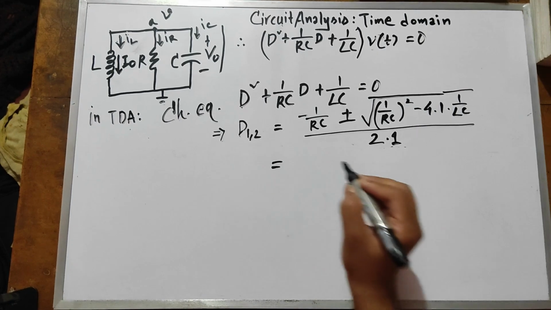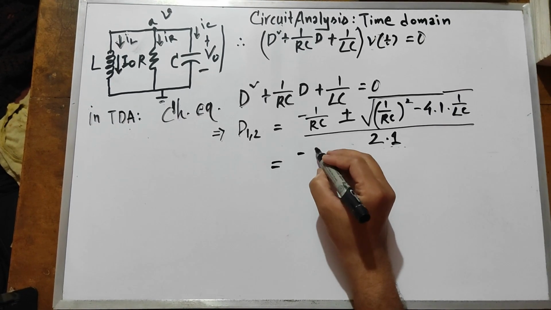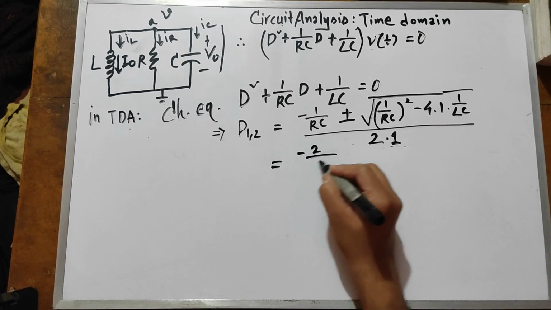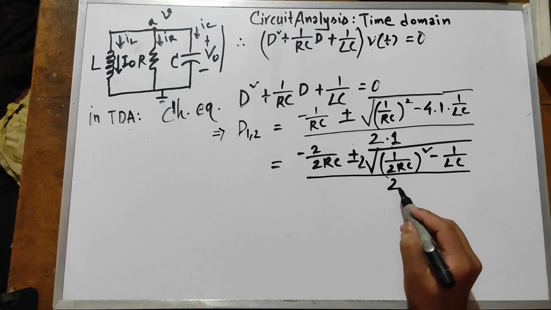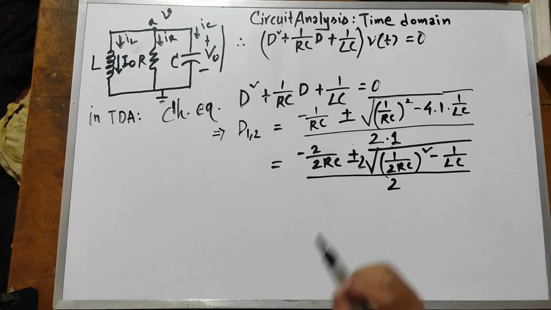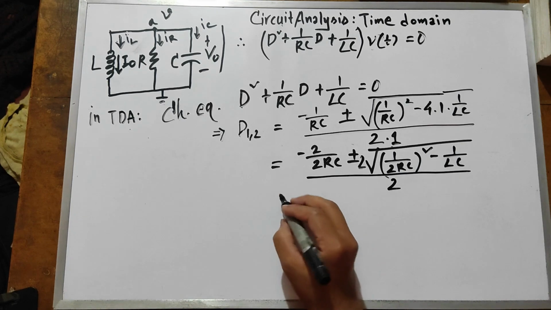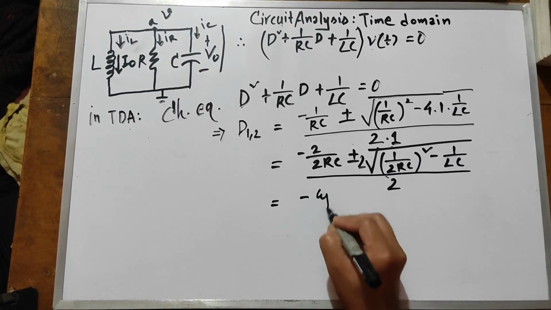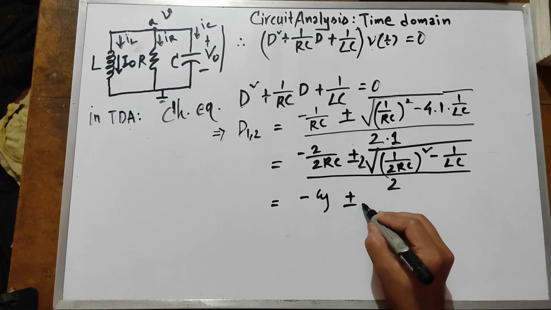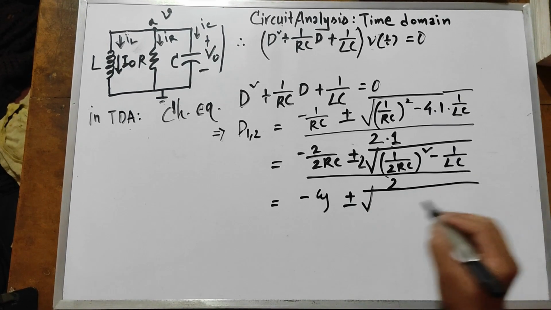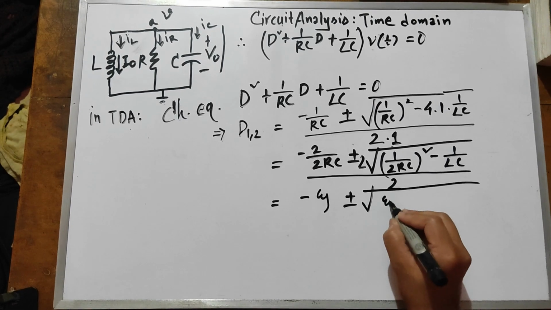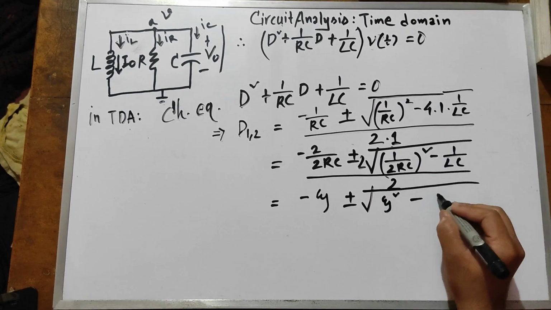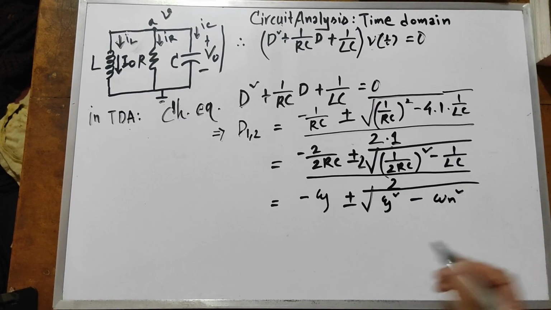So here, if I take the common factor, these twos will cancel out, leaving behind minus zeta plus minus root of zeta square minus omega n square.